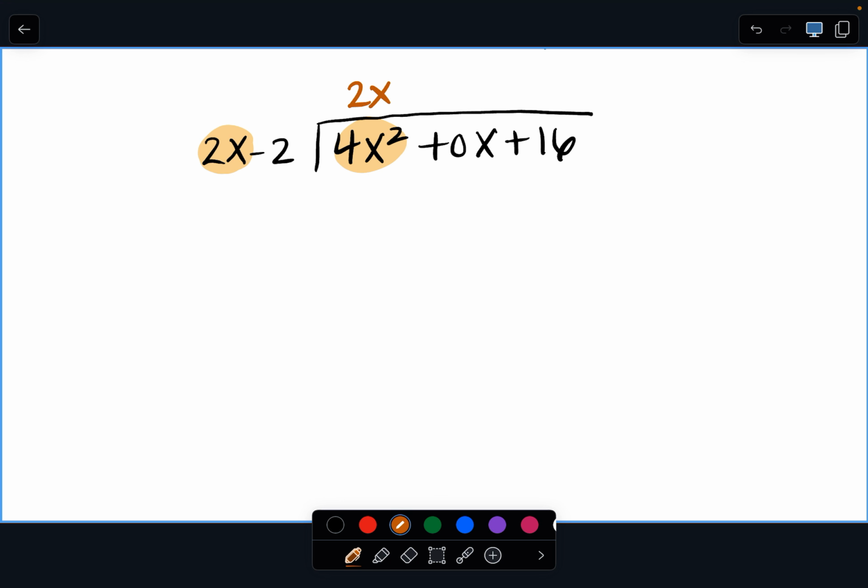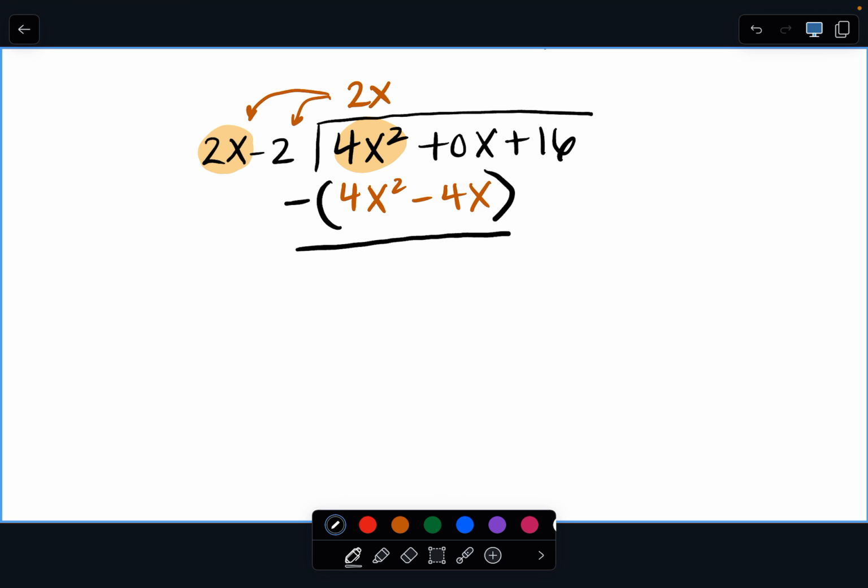So same exact steps, multiply then subtract. I'm going to take my 2x and multiply it by both terms of the divisor, 4x squared minus 4x, and then I'm going to remember that I am subtracting. Really, you want to be careful because of those double negatives, because you don't want to accidentally subtract when you should have added, because 2 negatives make a positive.